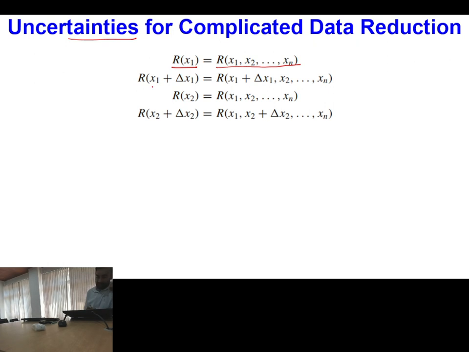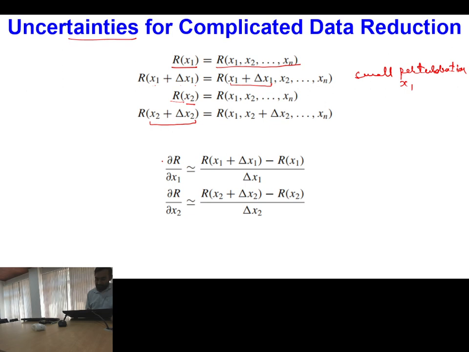When I am doing a small perturbation in x1, the meaning is I have deviated the value of x1 by delta x1, then I will be getting r of x1 plus delta x1. So here only this first functional form will change and all others will remain the same. Likewise I can do it by considering each and every parameter. Say the second time I have taken x2, and then this deviation is x2 plus delta x2.